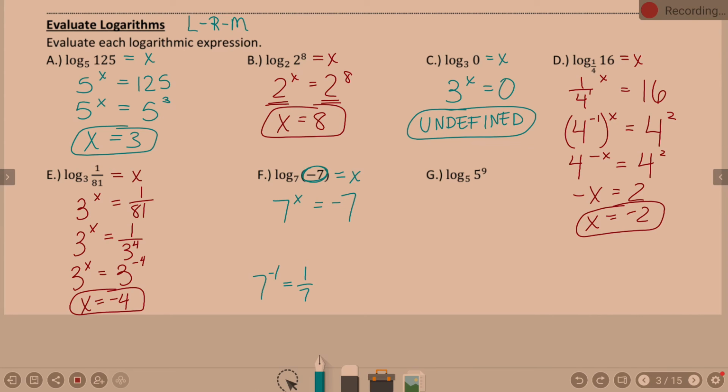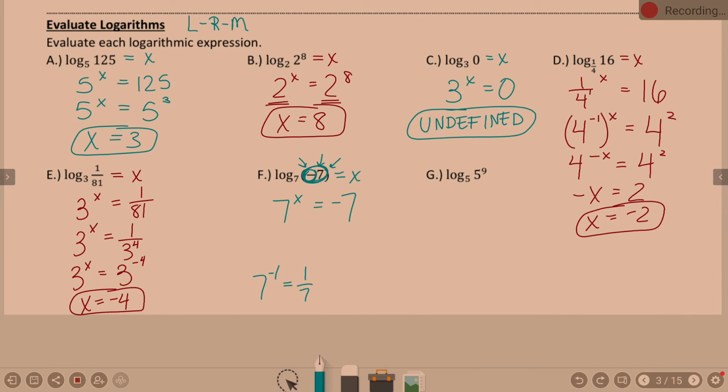A negative. Go back up to the top of your notes. One of the statements made, the inside parts of a logarithm can never be negative. So for me, as soon as I see this right here, the fact that it's negative, I automatically know undefined.